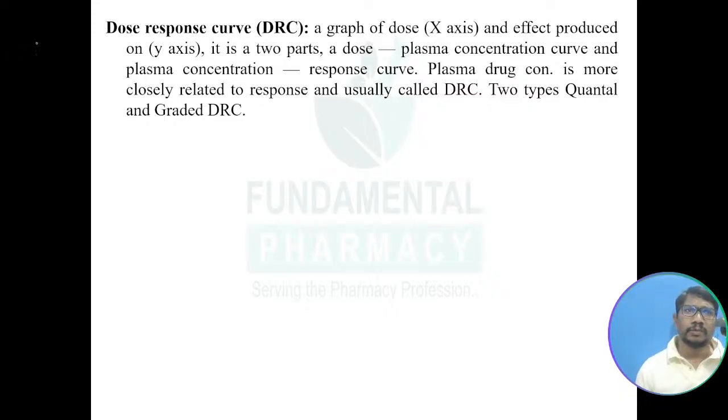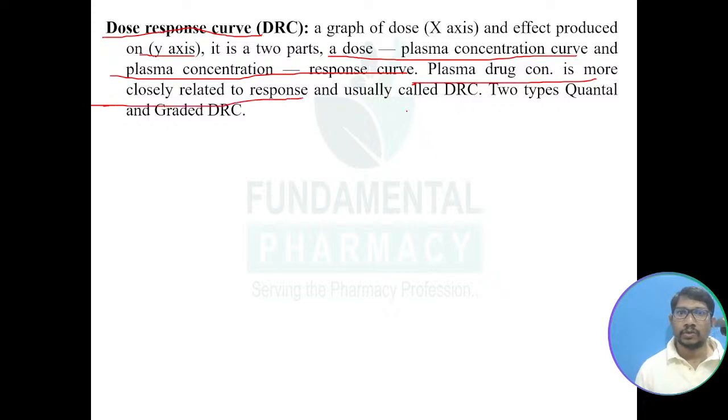A dose response curve is nothing but a graph, with the dose of the drug on the x-axis and the response or effect on the y-axis. There are two parts: the dose plasma concentration curve, and the plasma concentration versus response curve. Plasma drug concentration is more closely related to the response, and usually it is known as the DRC, drug response curve.